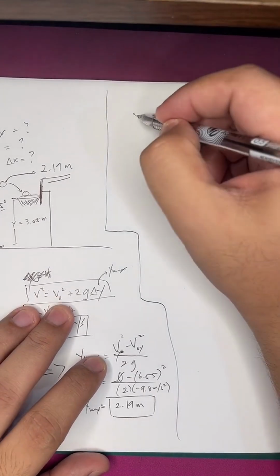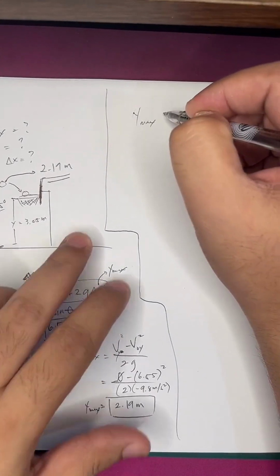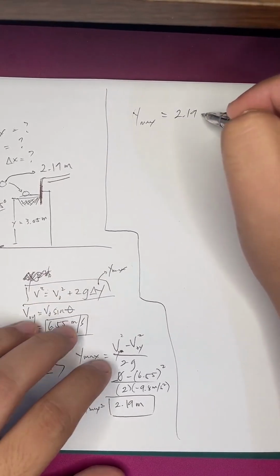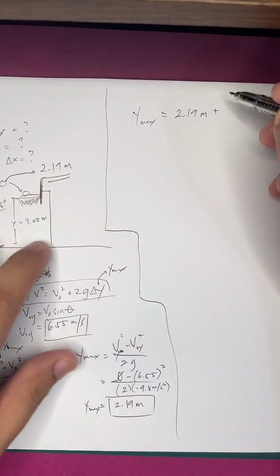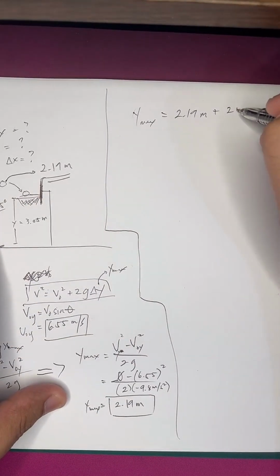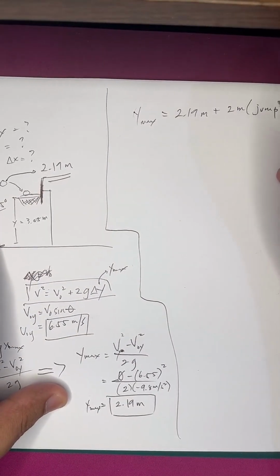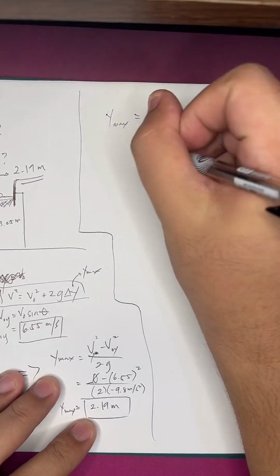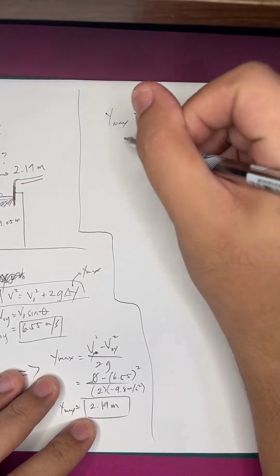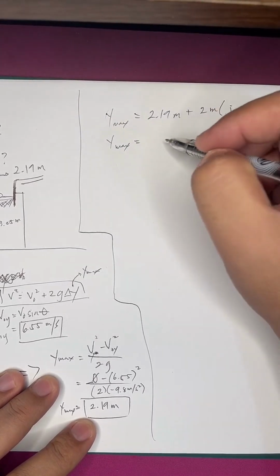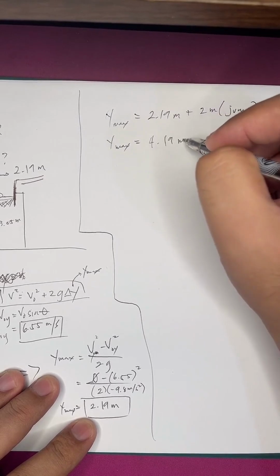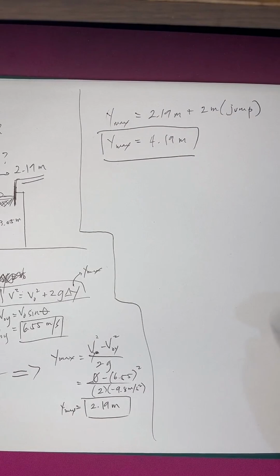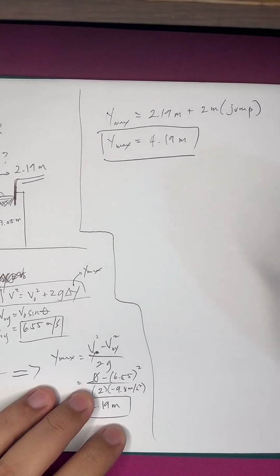So Y max now would be equal to 2.19 meters plus the 2 meters from the peak of the jump. We would end up with Y max equals 4.19 meters. There. So that's our true Y max. That would be the distance from the ground up to the peak height.